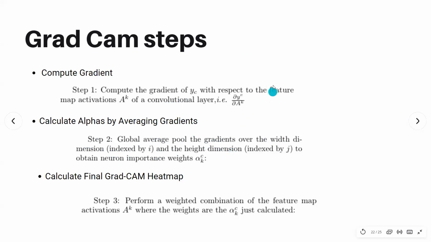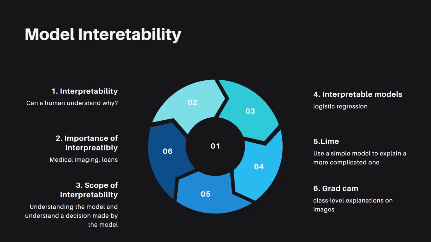This gradient will give you a matrix, not just one value. So we take the average pool of this matrix and we get an alpha value, which is representative of how this feature map activation influences that class. And then using these weights and the activation maps, we merge them together and we get our final heat map.